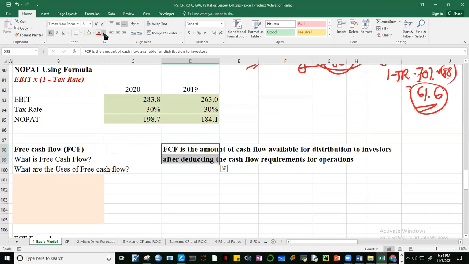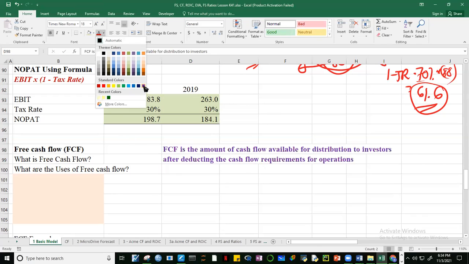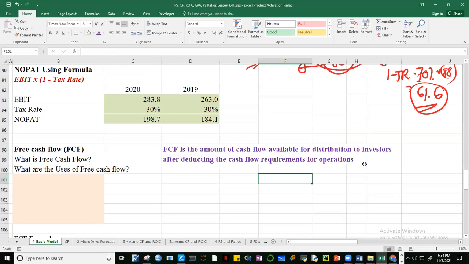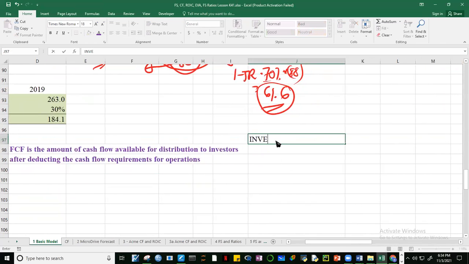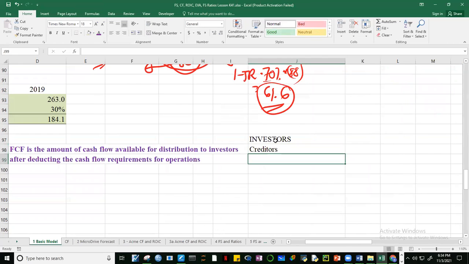Free cash flow is the amount of cash flow available for distributions to whom? To investors. Now, we have been talking about investors, guys. But who are investors? Investors could be the creditors, the parties from whom the company borrows funds, and also shareholders.